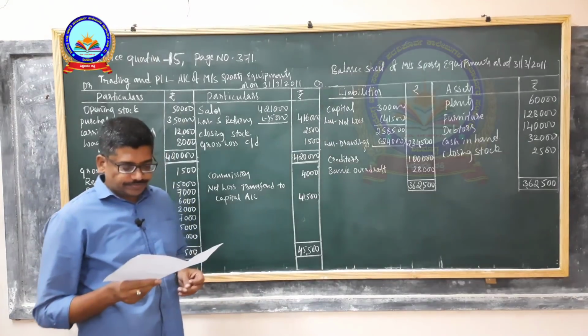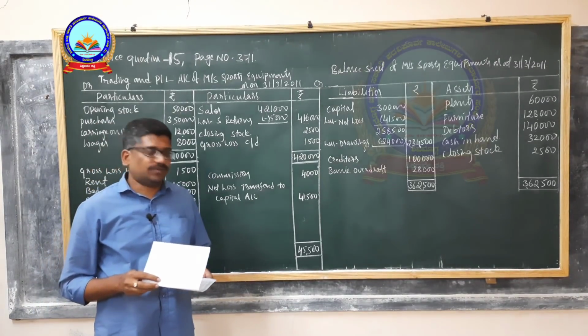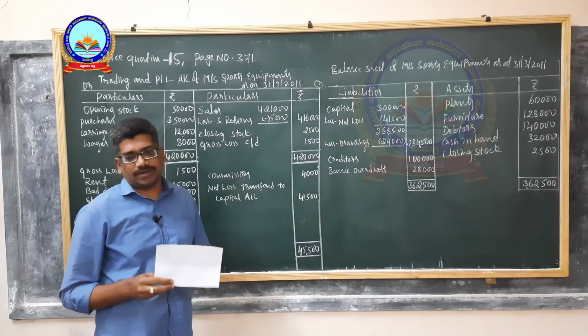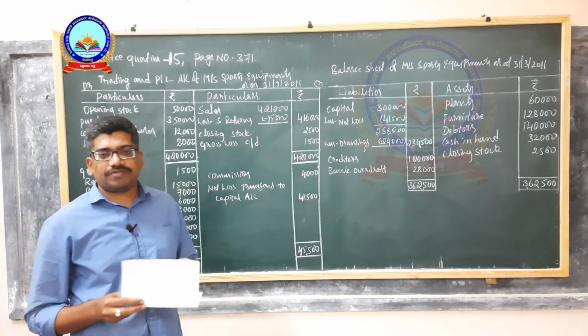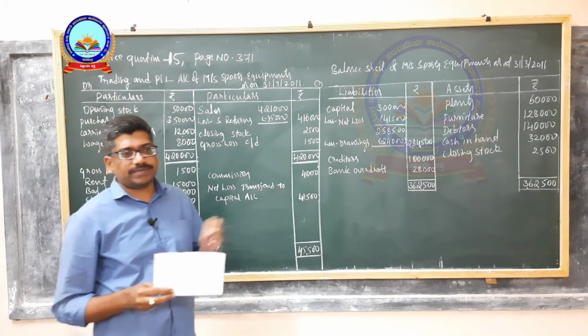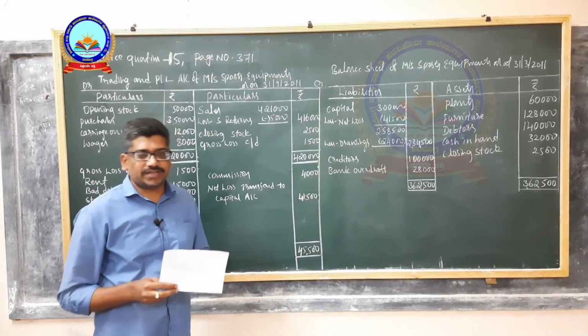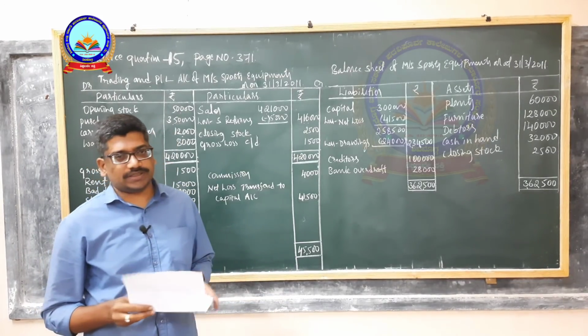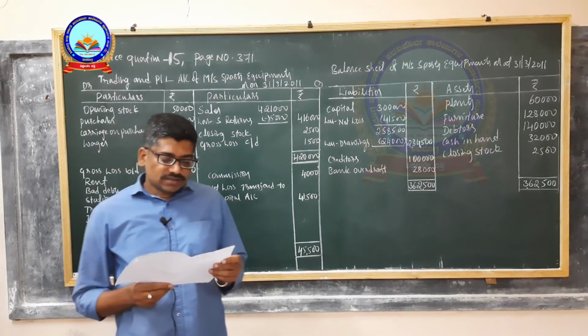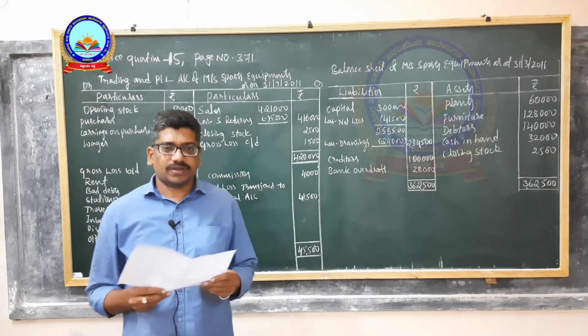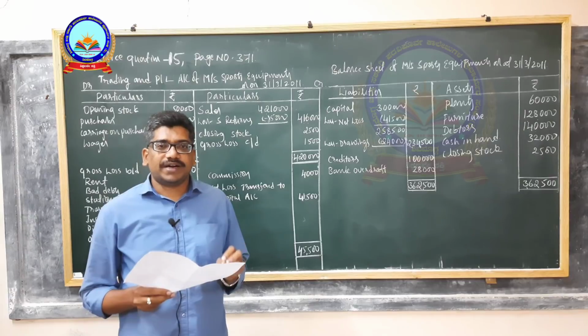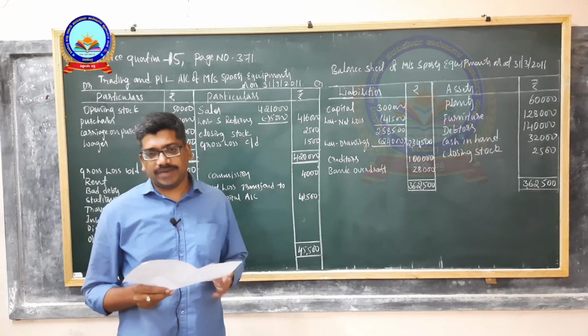Dear students, already we have solved one very simple problem on the preparation of a trading and profit and loss account. That means the preparation of a financial statement without adjustments. So now let us solve one more problem on preparation of a trading and profit and loss account and balance sheet.